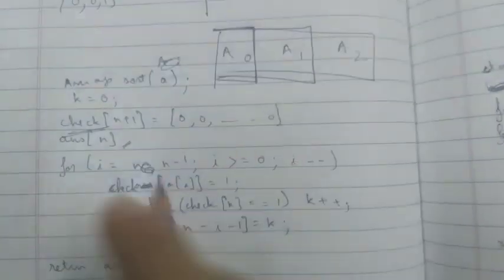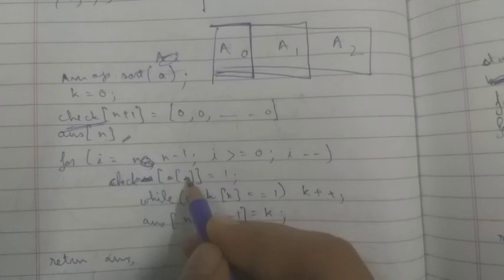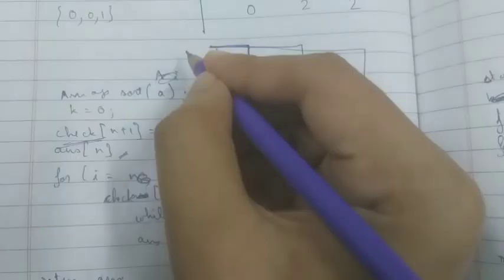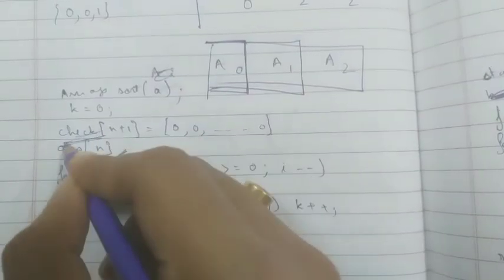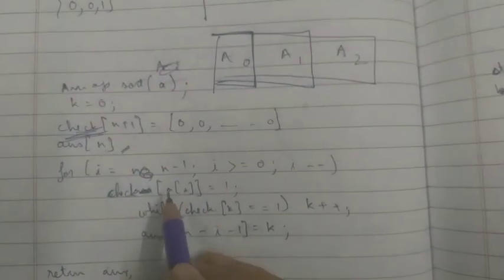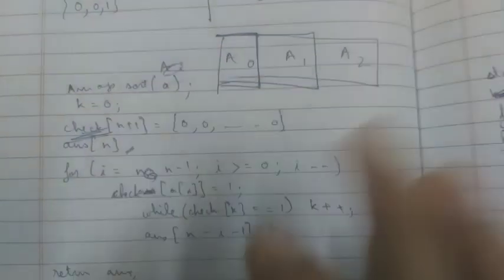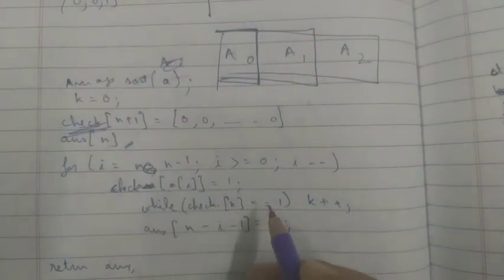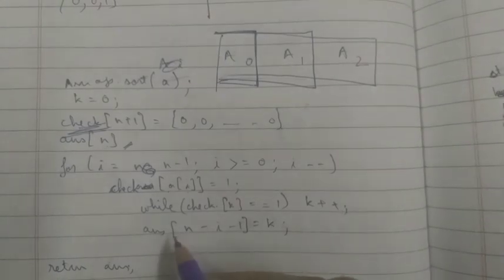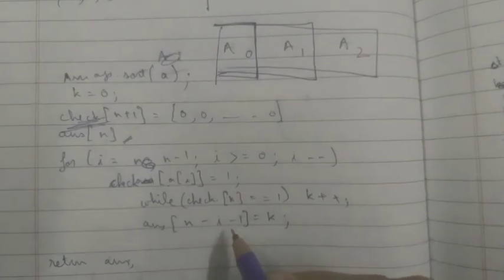We traverse from the back and make check of a of i equal to 1, in the check array, the frequency array. That is, a of i is present. So while check of k is equal to 1, k plus plus. And answer of n minus i minus 1 is equal to k. I'll tell you why we do this.